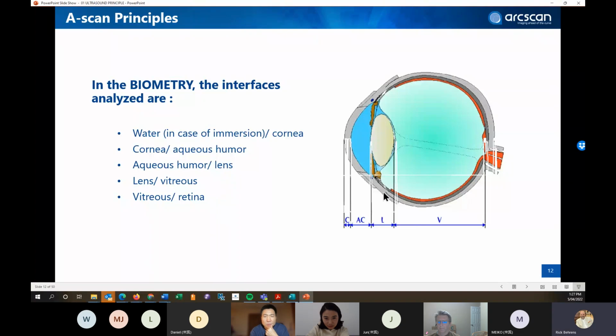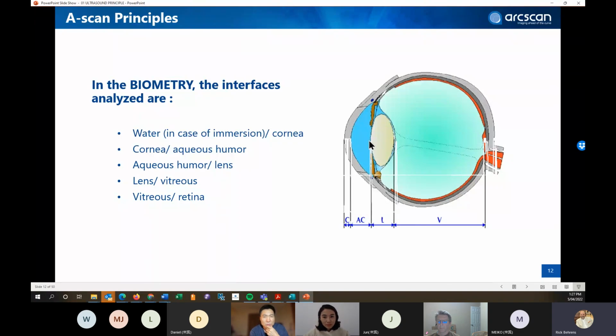So without going into too much detail, when you do a biometry scan, you're going to find different gates in the eye. You're going to find the cornea, which always produces two lines. This is important because when we use the R scan, the Insight 100, you're going to see those interfaces really well.